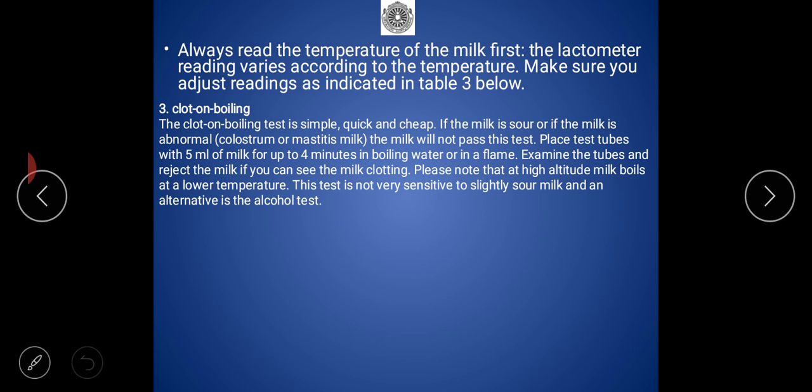Examine the tubes and reject the milk if you can see the milk clotting. Please note, at high altitude, milk boils at a lower temperature itself, and this test is not very sensitive to slightly sour milk, and an alternative is the alcohol test.